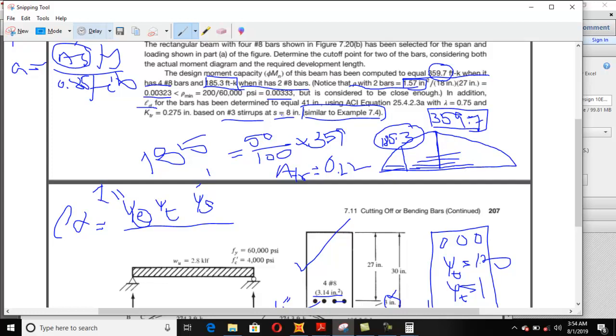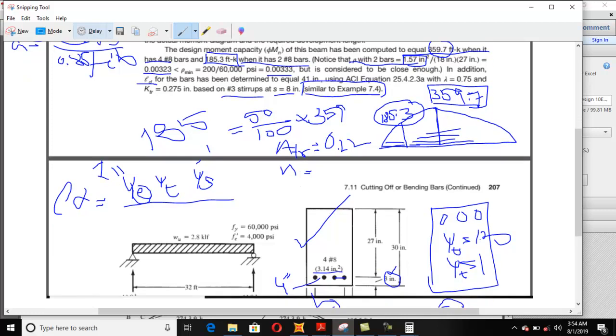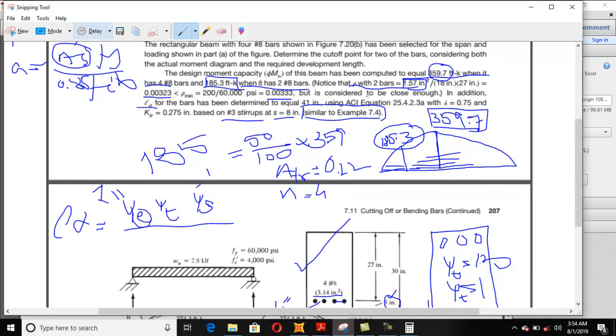Clear? And the number of bars in the calculation of cb, Ktr, you need to use 4. So you just need to recap that example number 7.4. You will get how we can calculate ld. So from there your Ktr value will be this one.